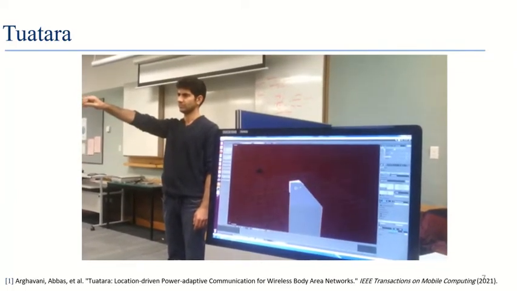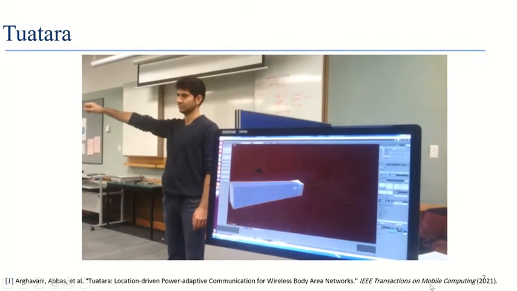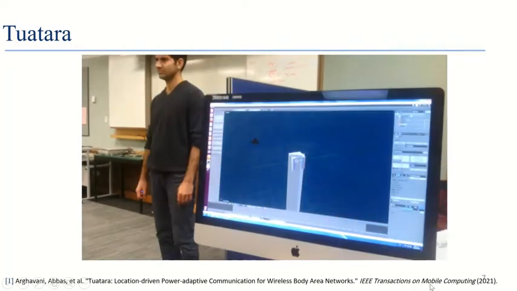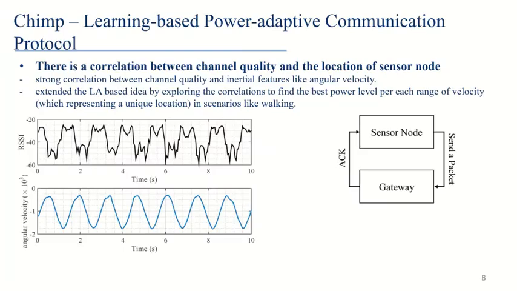This idea has been published in IEEE Transactions on Mobile Computing. During the time I was doing this research, I found that there is a correlation between the channel fluctuation pattern, shown here by this RSSI plot, and the motion pattern of the sensor node.